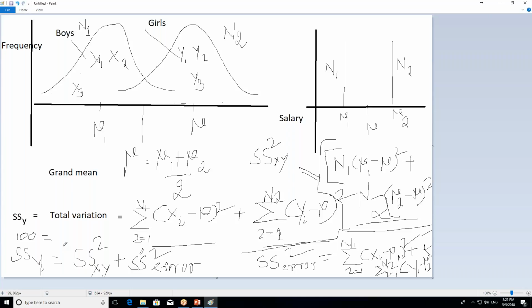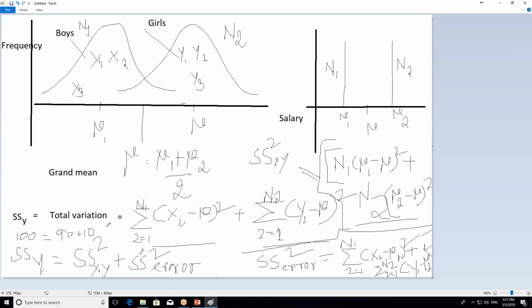In the entire SSY, if the total difference is 100, and SSXY is 90 and SSY error is 10, what does it represent? In the total variation, 90% of the variation comes from the difference because the means differ from each other.